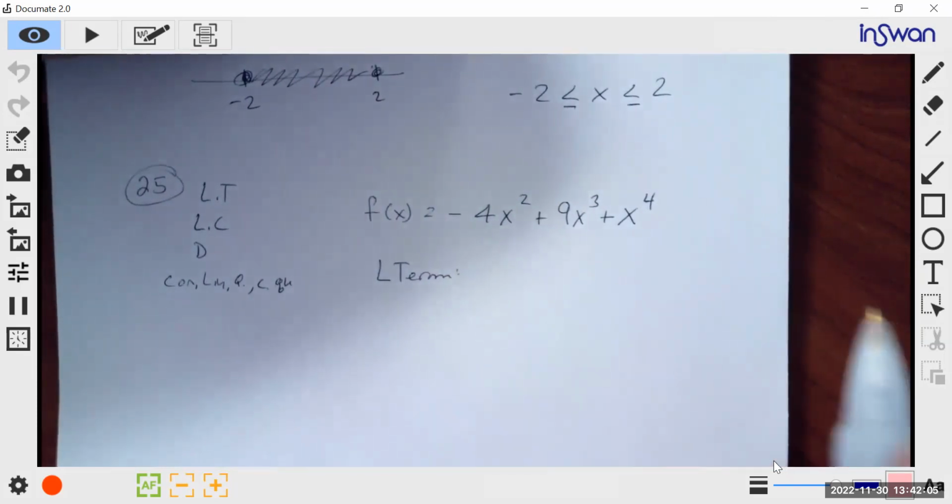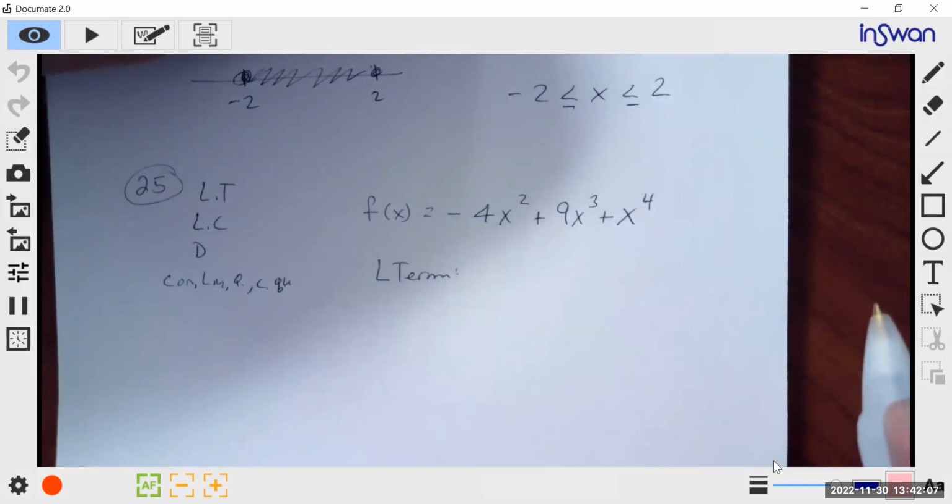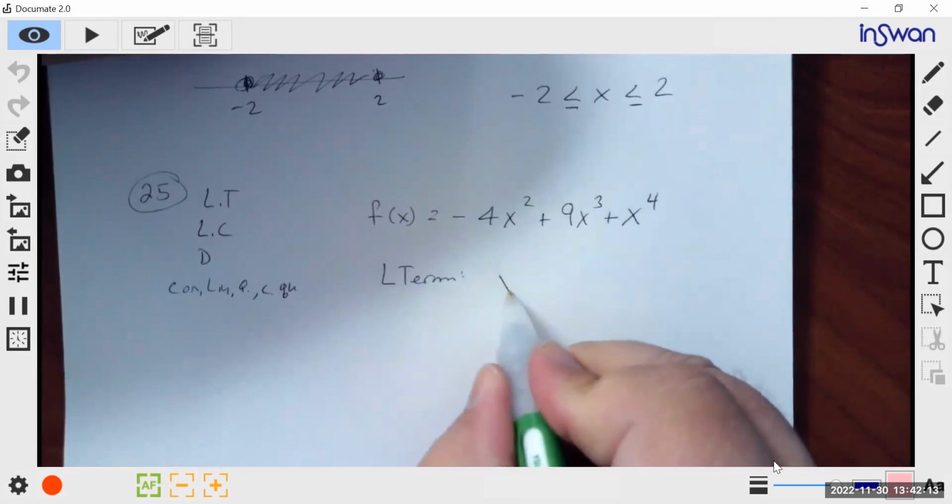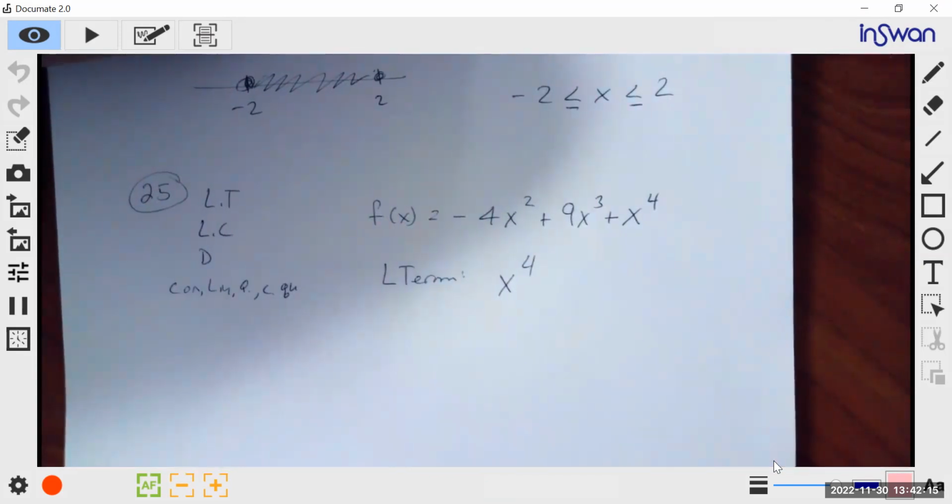What's the leading term? Yep. Leading term is x to the 4th.